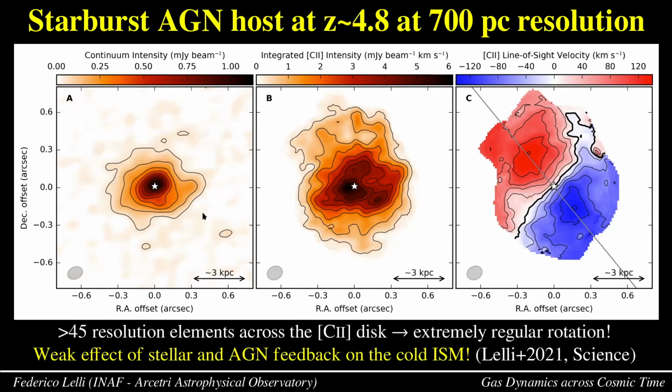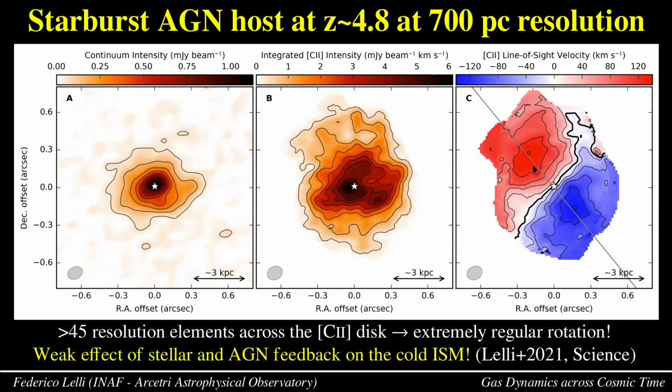So on the left, you see the continuum emission, which is tracing the dust distribution. In the center is the [CII], which is tracing the cold gas, and on the right is the velocity field. And now we have almost 45 resolution elements across the [CII] disk, which is actually comparable with HI observations at redshift 0. So this is quite amazing.